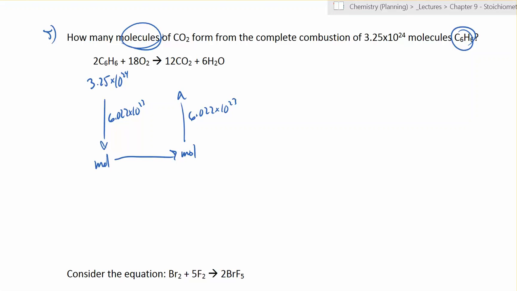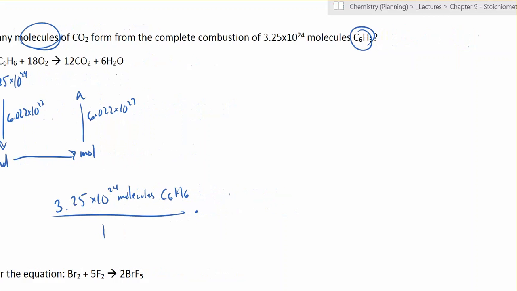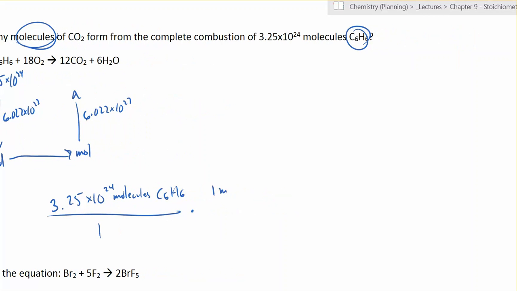If we set this problem up, start with what we're given, 3.25 times 10 to the 24 molecules of benzene. Using Avogadro's number, we can say that there's 1 mole of benzene for every 6.022 times 10 to the 23rd molecules.